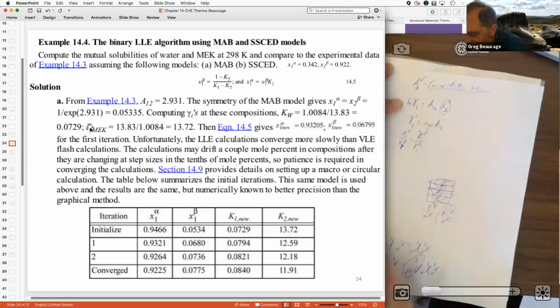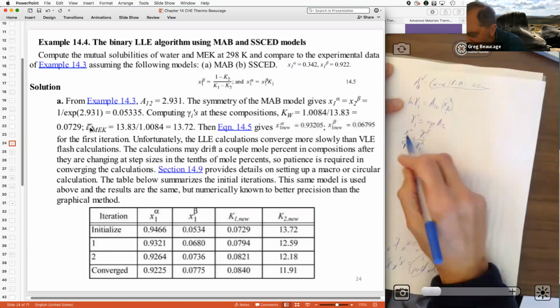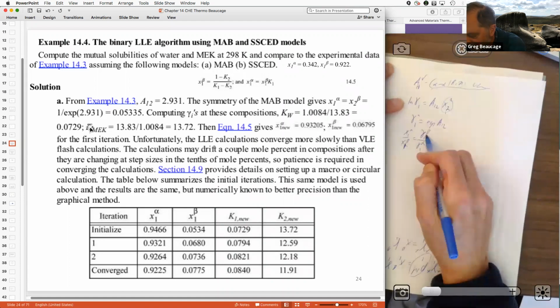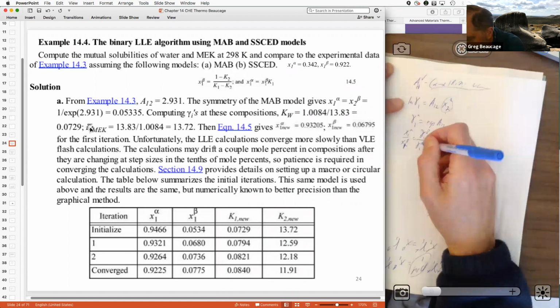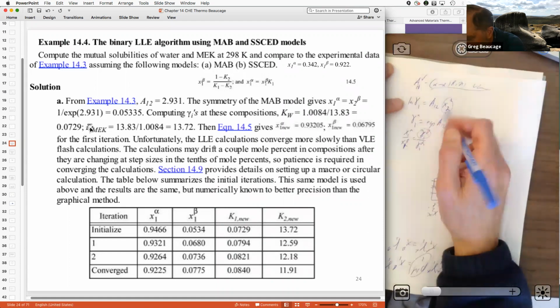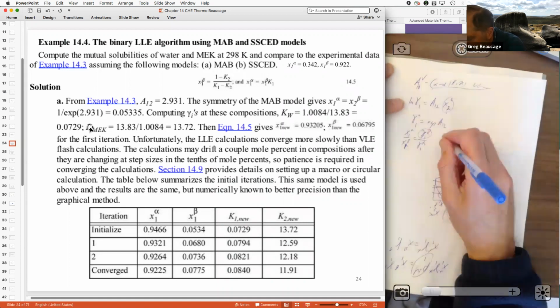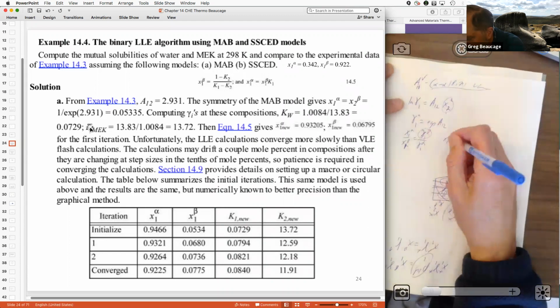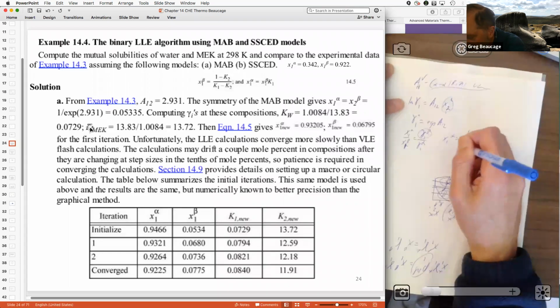We have that just because x1 gamma equals x1 gamma for liquid-liquid equilibria. And then if x1 beta is 1, because you said whatever was 1, you end up with x1 alpha equals 1 over gamma alpha, and that's why those two are 1, right?